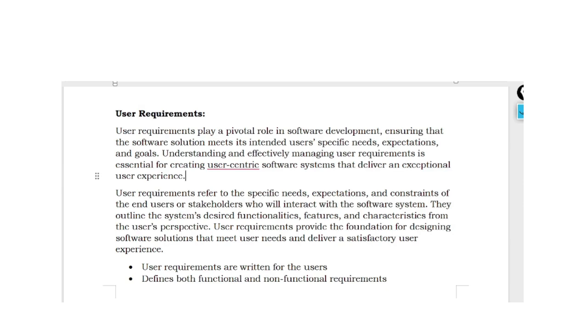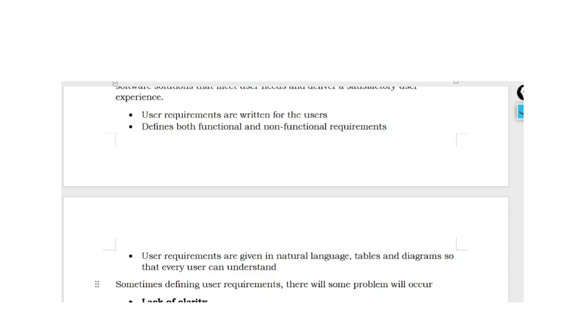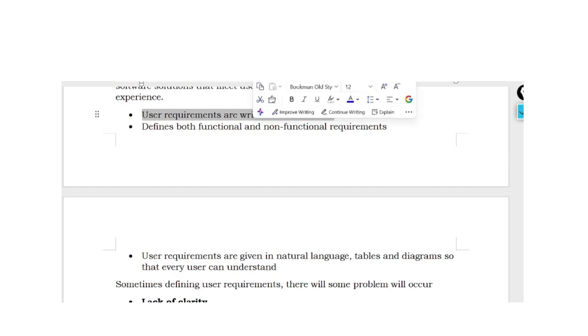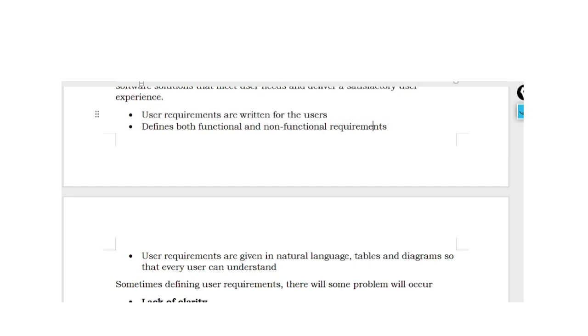User requirements refer to the specific needs, expectations and constraints of the end user, customer or stakeholder who will interact with the software system. User requirements are always written for the users, and they define both functional and non-functional requirements.